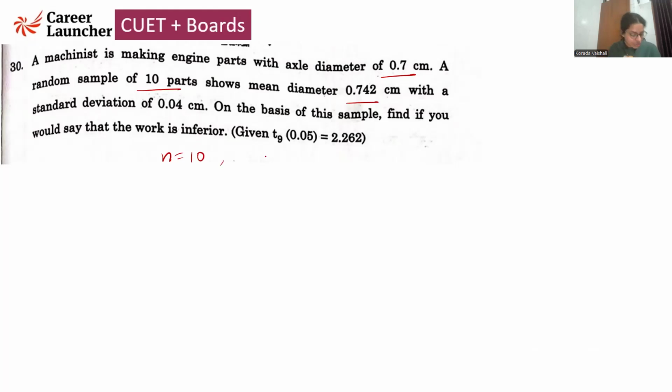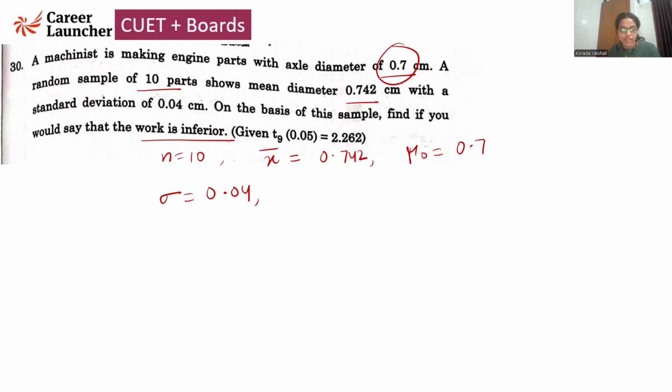So what we have now is the sample mean, given as 0.742, and the comparative mean, also called mu naught, is 0.7. And the standard deviation is given as 0.04, and we need to comment on whether the work is inferior.